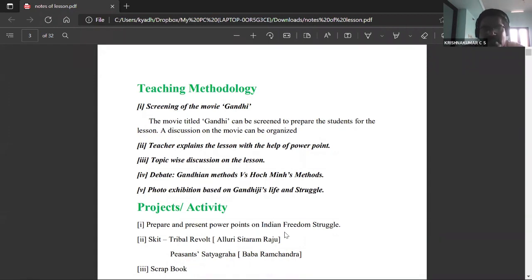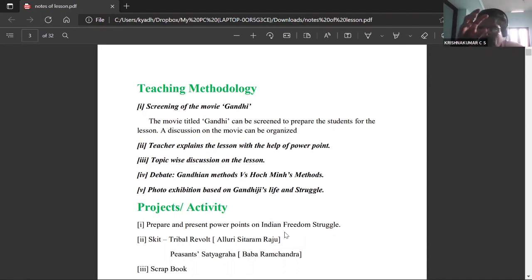So either you can screen the movie or you can even take the video cuttings. In the YouTube it is available. Dandi March, if you give the Dandi March video alone, it's a part of the movie, but in YouTube it is uploaded separately.